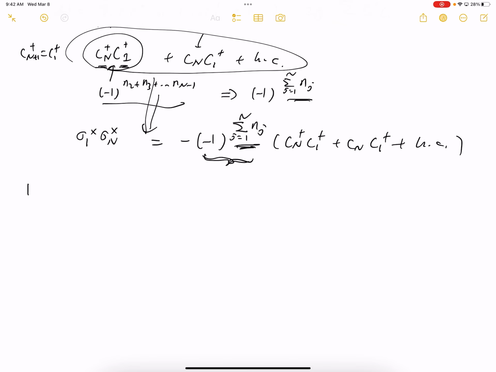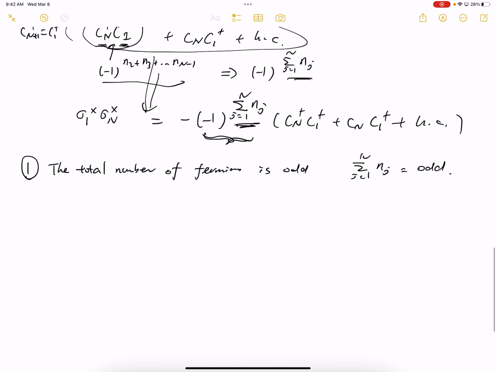So we basically have two cases. The first case is the total number of fermions is odd, so the sum over j of n_j is an odd number. In this case, this whole boundary term just reduces to C_1 dagger C_n dagger, plus C_1 C_n dagger, plus the Hermitian conjugate.